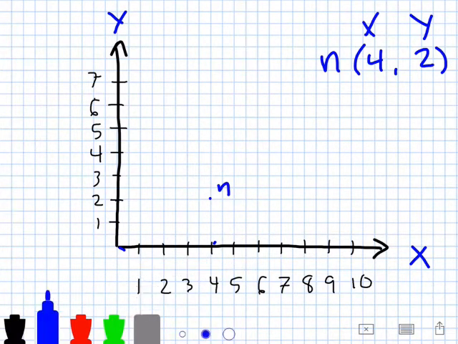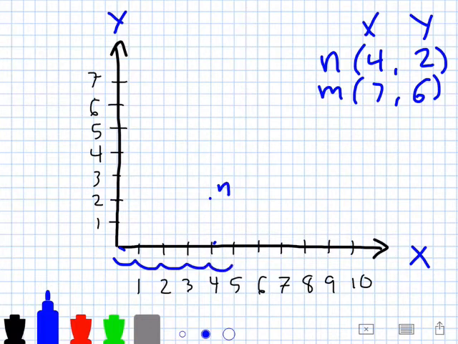Our next point is going to be point M. And we'll make point M 7, 6. So this time, point M, you can see our x value is going to be 7. So we're going to start at the origin, and we're going to move over to the right 7 units. 1, 2, 3, 4, 5, 6, 7.